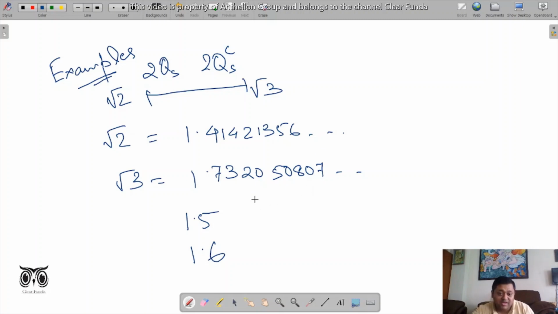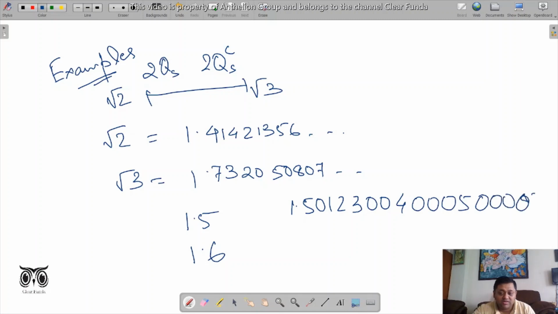Now we can arbitrarily make an irrational number which starts with something in 5 or 6, and we make them irrational. Say 1.5012300400050005 07 dot dot dot, this is an irrational number.